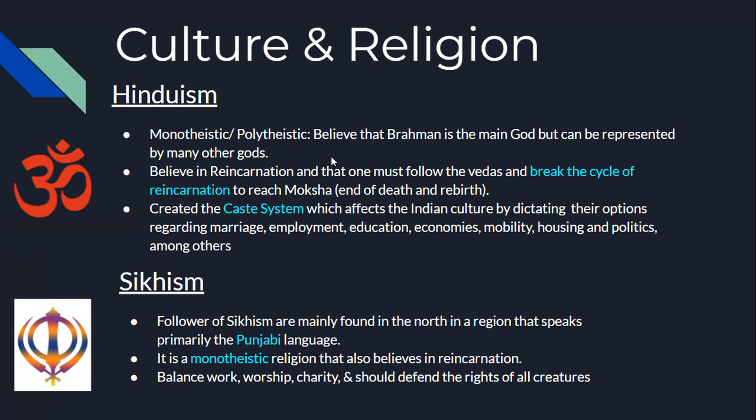Believe it or not, within Hinduism, the Hindu population believes that Brahman is the main god, but Brahman can be represented by many other gods, such as Vishnu and Saraswati, the goddess of education.